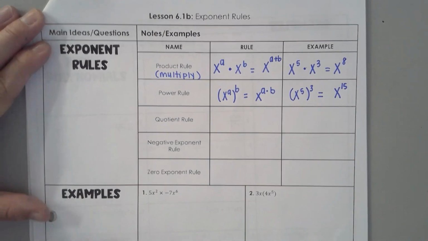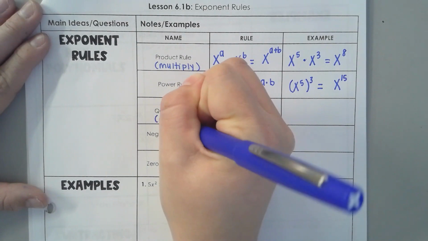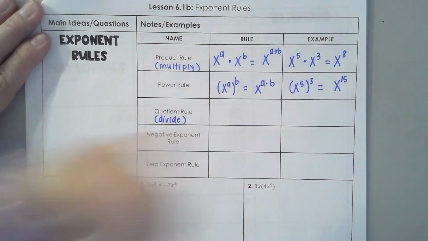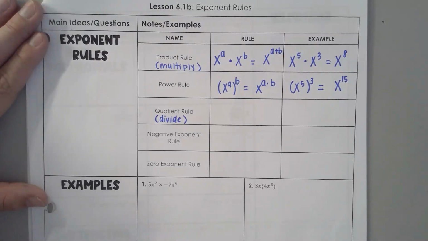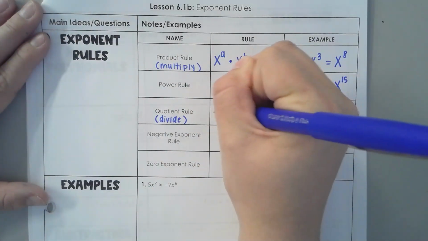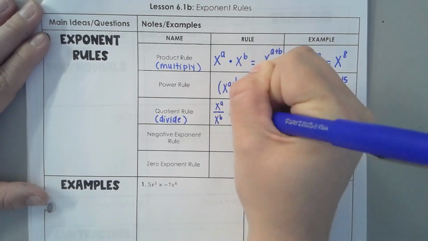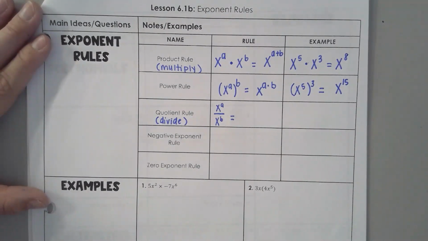Next is the quotient rule. Quotient is when you divide, and a lot of times you see that as a fraction. If I have x to the a over x to the b, any guesses on what I would do with those exponents?